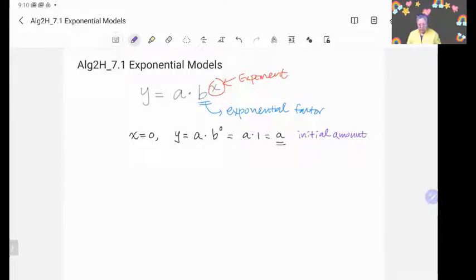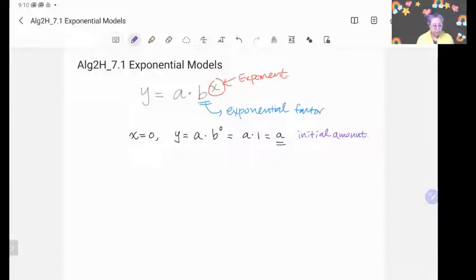So you will see that coefficient a will be the original price that will depreciate, or the principal that you invest into the account that gives you compounded interest, and so on, right? Okay, then this is the basic equation structure.